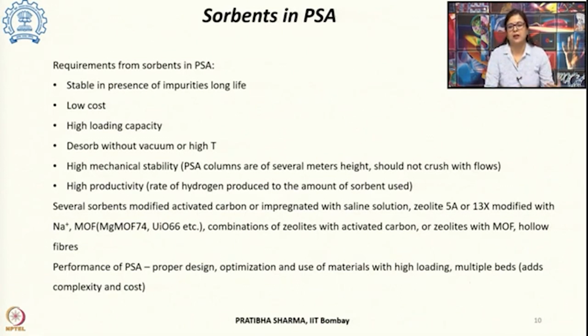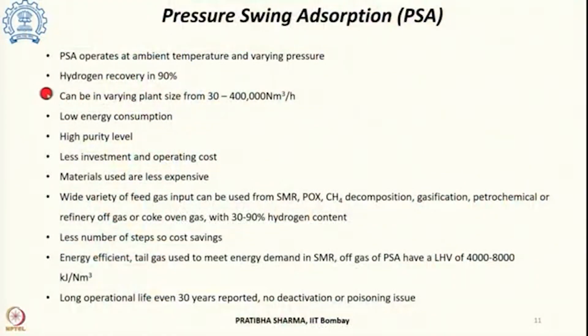But the addition of multiple beds can again add to the cost or complexity of the process. So, pressure swing adsorption operates at ambient temperature, but subjected to the pressure variation we get hydrogen purity which can be very high.